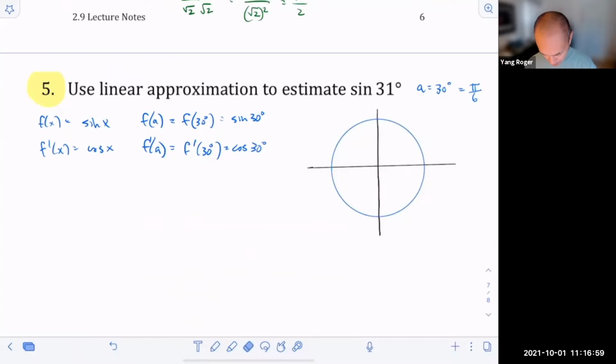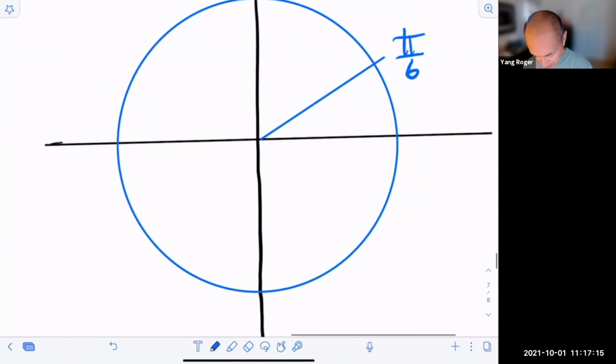So 30 degrees is going to be this angle right here. And you should know that 30 degrees is the same thing as pi over 6. If I enlarge this, this angle over here is pi over 6.